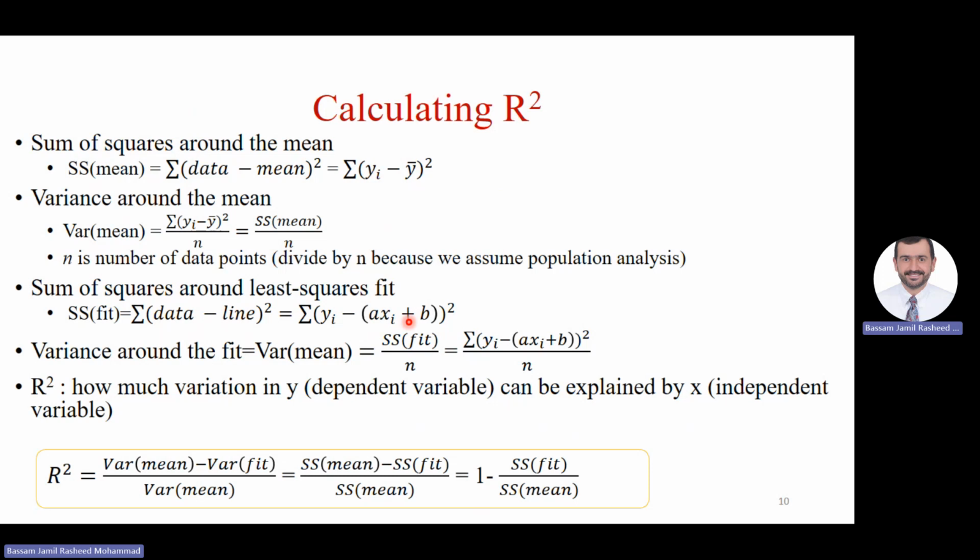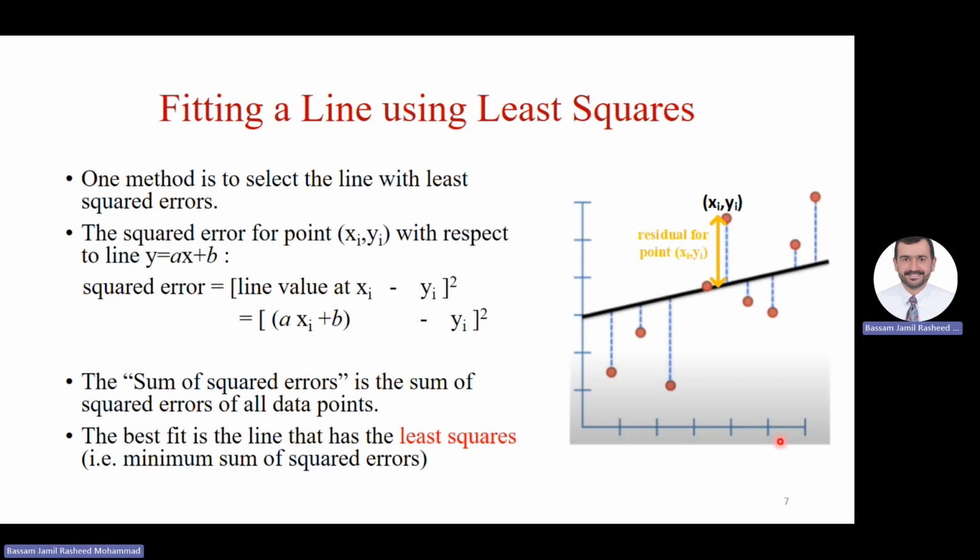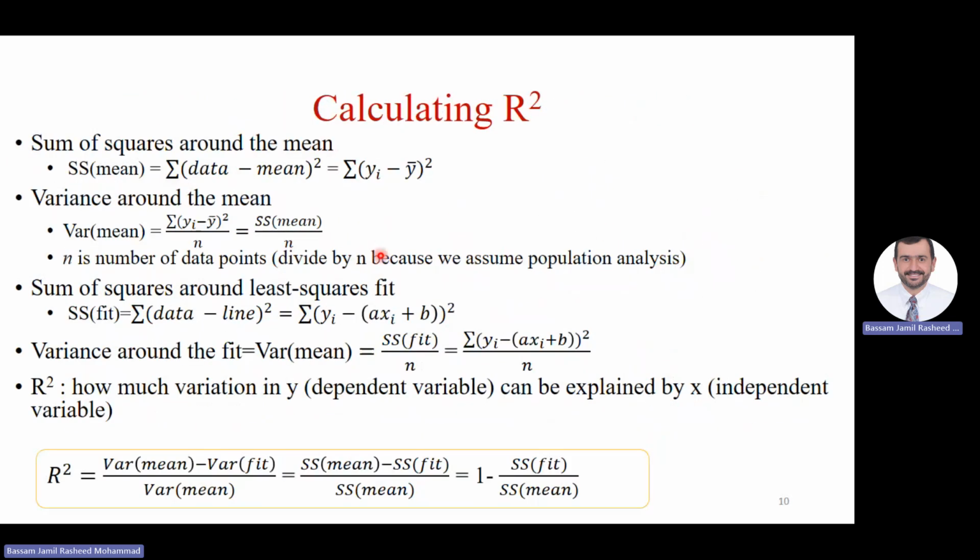To do it graphically, we are just measuring this yellow line here with this equation. So don't be intimidated by this. Okay, we square it, and then when we divide this value by n, we get the variance around the fit. Okay, so this is basically this value.